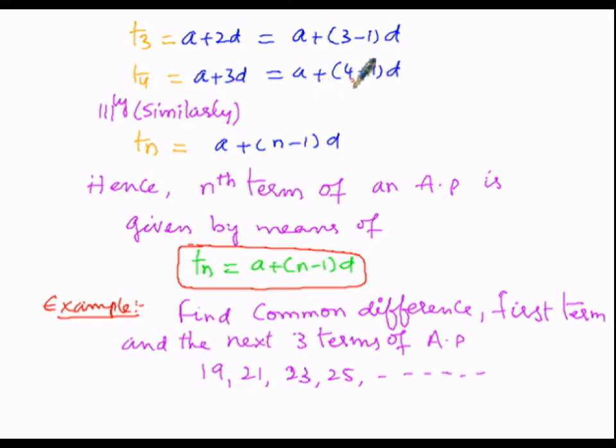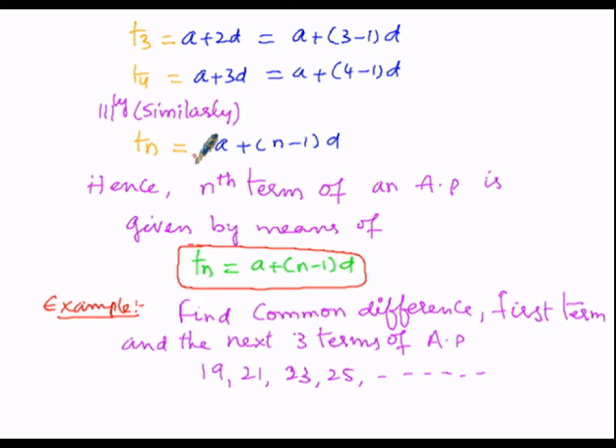If you want to find the 10th term, t10, the n value is 10, so 10 minus 1 is 9, and we get the 10th term as a plus 9d. Similarly, to find the nth term, from n we subtract 1, so a plus n minus 1 into d will be the nth term.